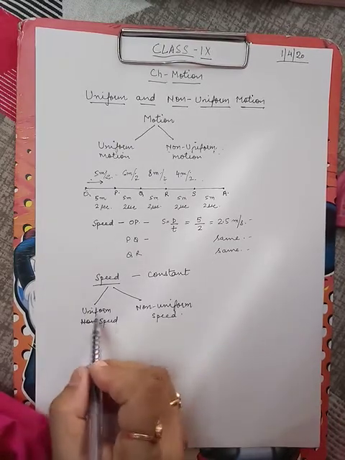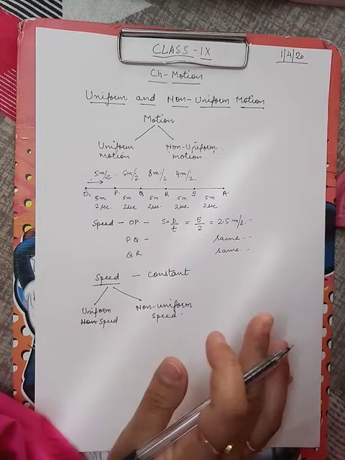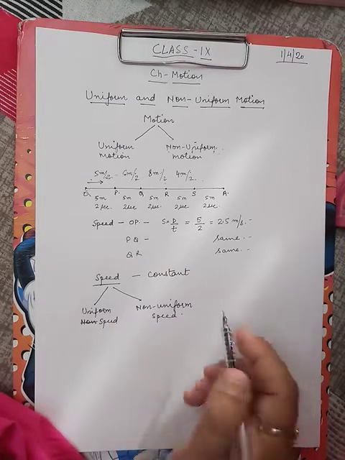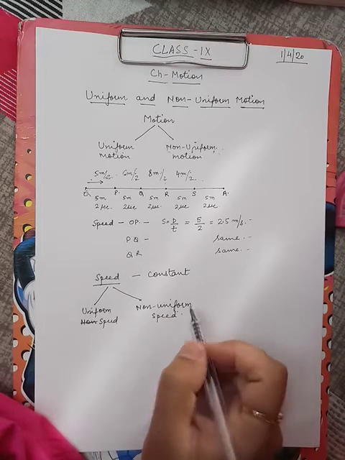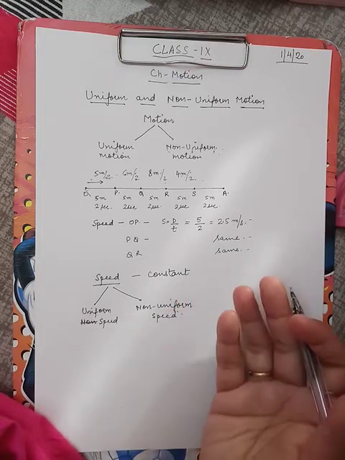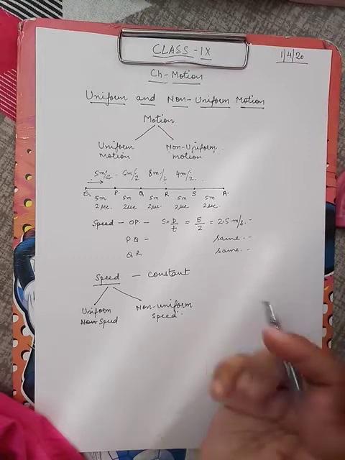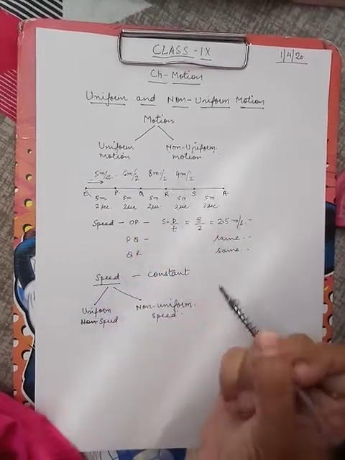When we have uniform speed, we have a constant value of speed, as we have understood. And when we have non-uniform speed, we have different values of speed in different cases, like here we have understood, okay.